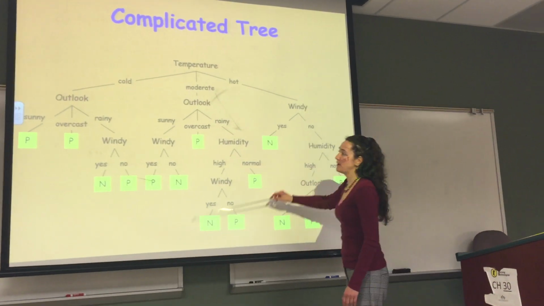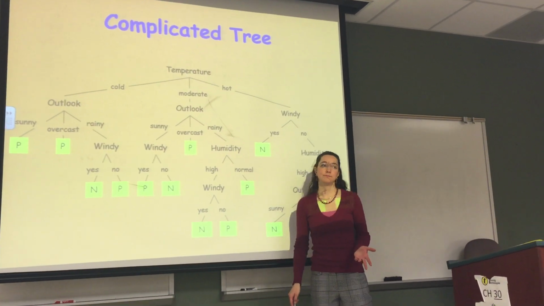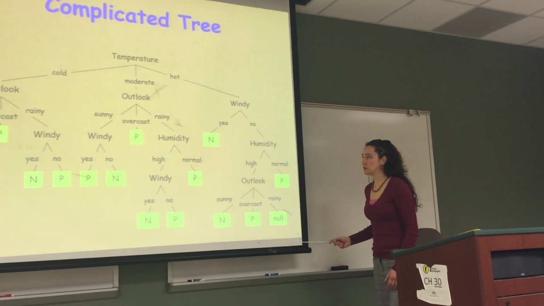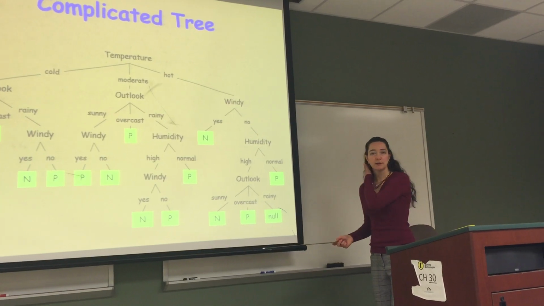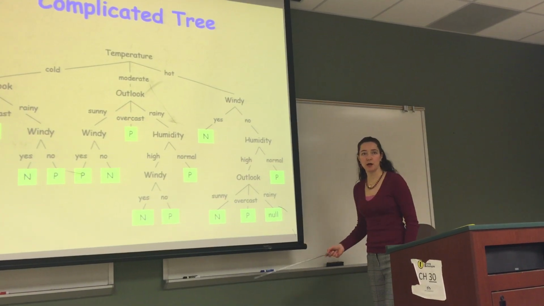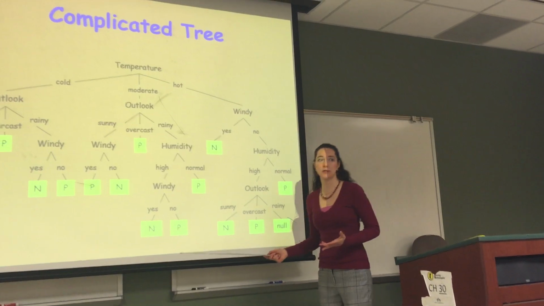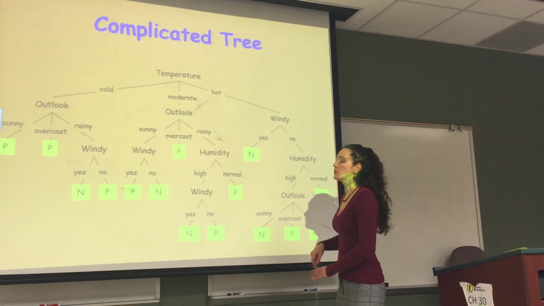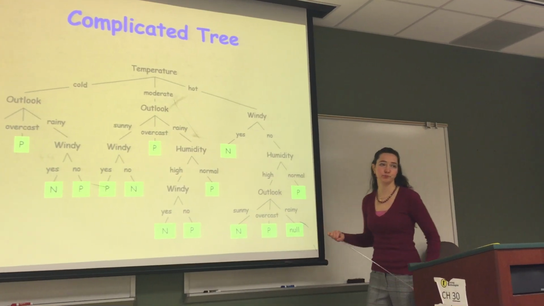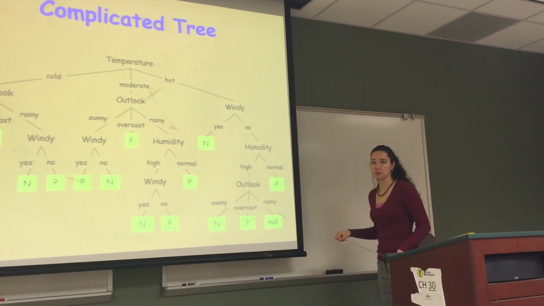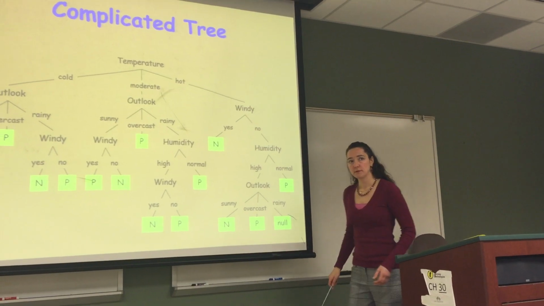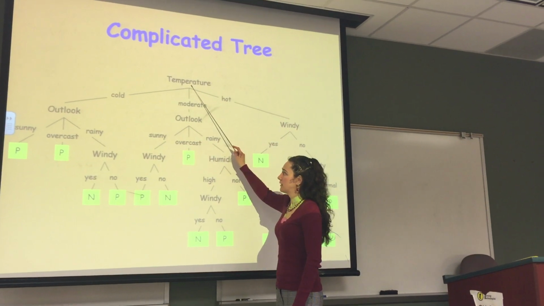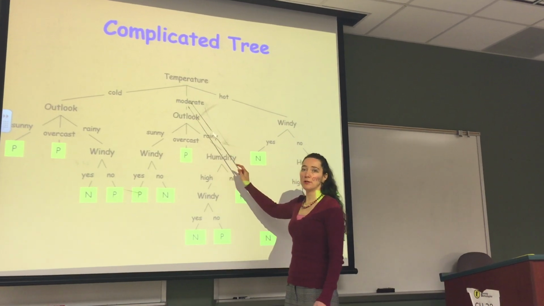This is a tree that was created from the same data. Again, it has leaves, but as you can see, this tree is not as beautiful as the first tree because it's a very complicated tree. It takes a long time to get from the top to any of the leaves to traverse the entire tree. So it makes a difference which attributes we're going to pick in order to split the tree next.